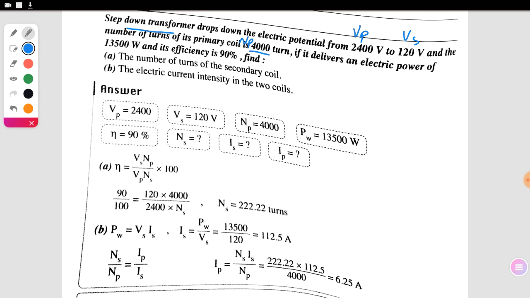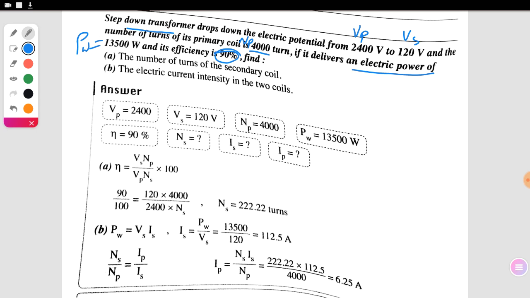If it delivers an electric power of 13,500, this is the power, and its efficiency is 90%.